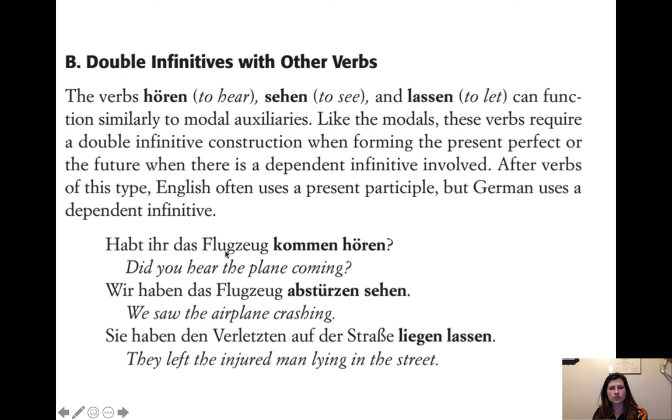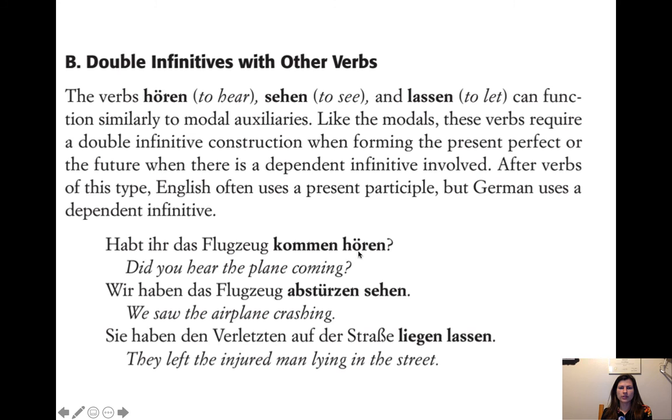It's just the infinitive, and it sounds closer because coming is like a present participle, but here it's not a present participle, it's just the infinitive. So, did you hear the plane come, or did you hear the plane coming? Either way. But you just have to memorize that it's the conjugated haben, and then the double infinitive at the end.